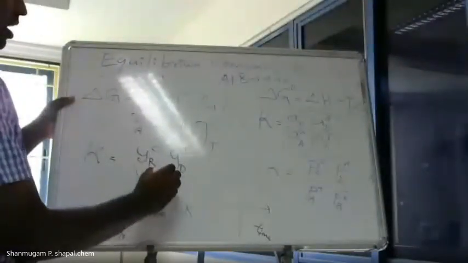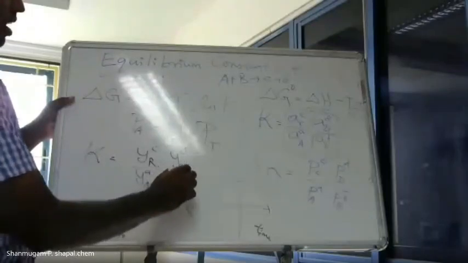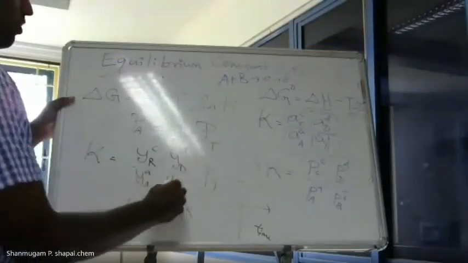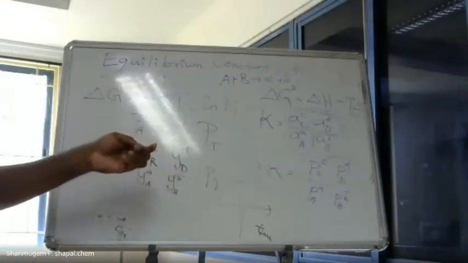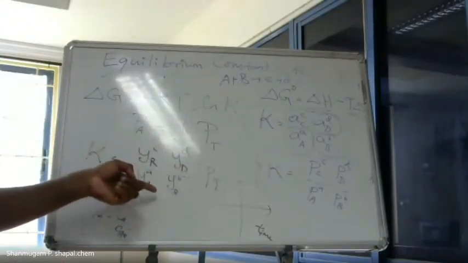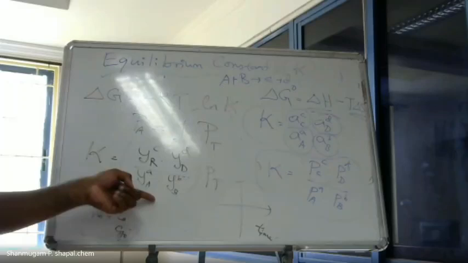So if you substitute this in K, you can also write it as Y_C Y_D over Y_A Y_B into the total pressure. So it is the ratio of the mole fraction of the product to the reactant, times the total pressure.